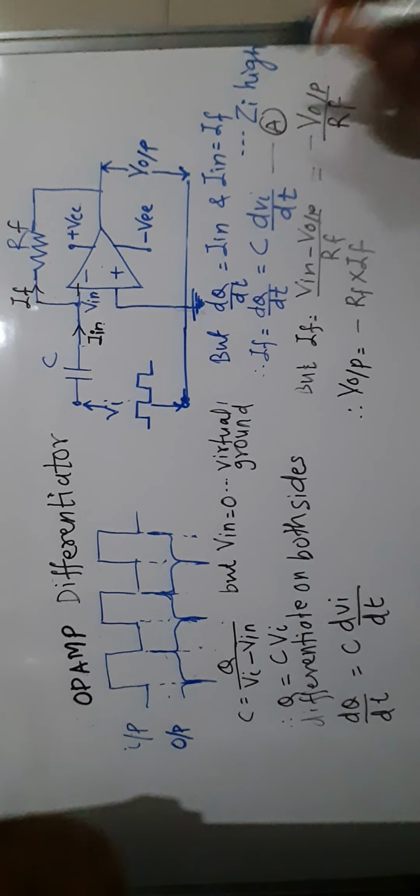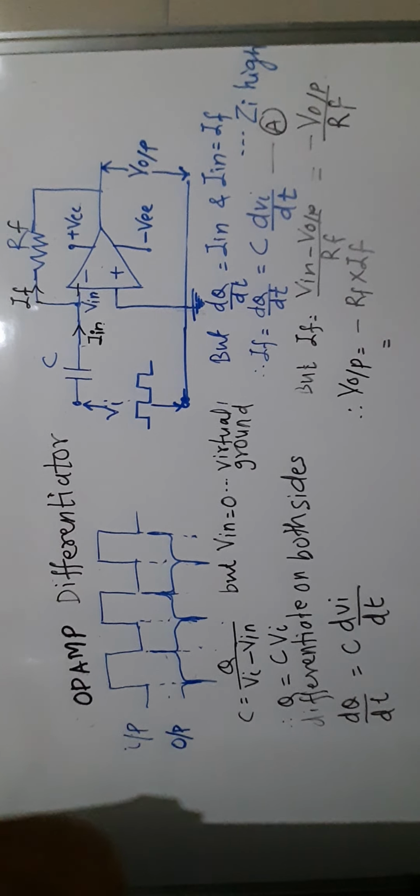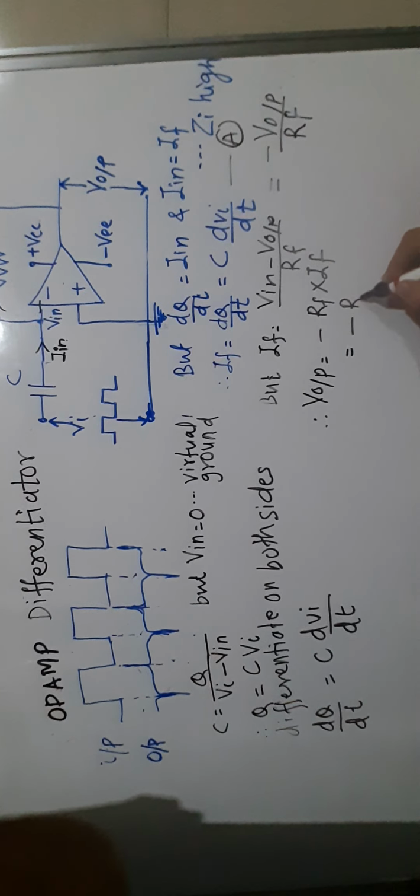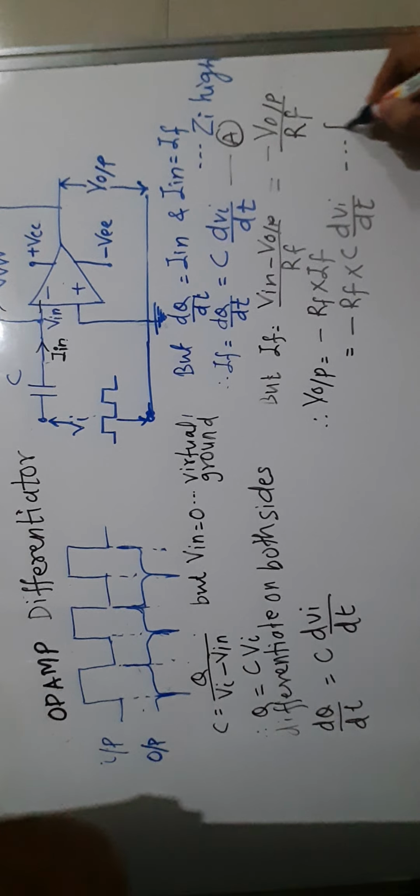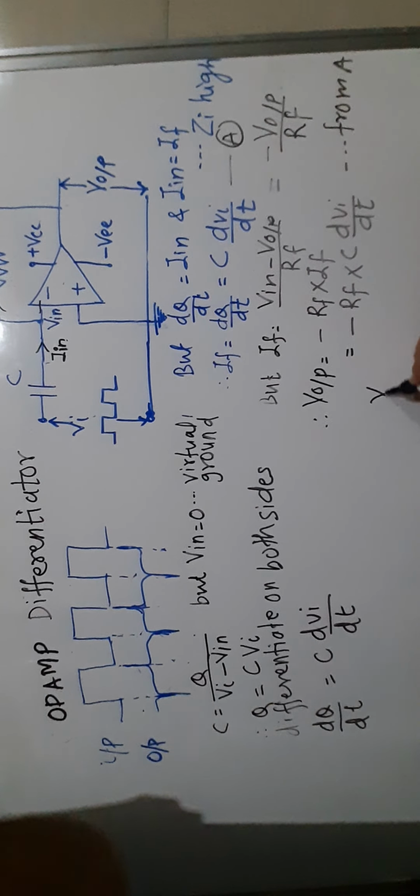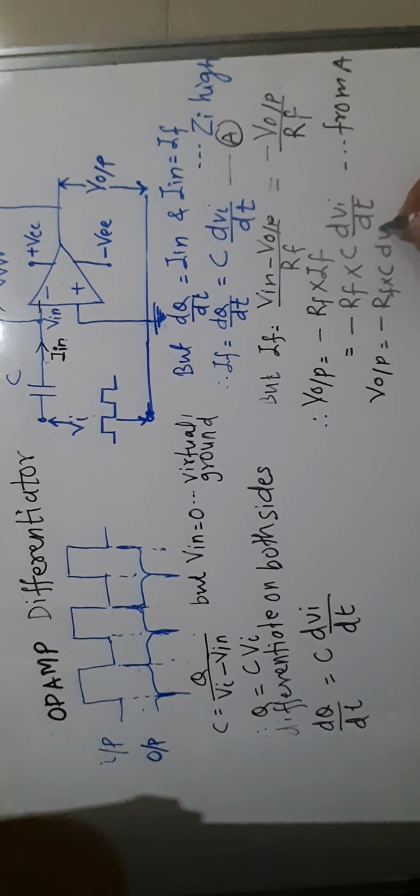We can write this as equation A. So we can write minus of RF into If, where If is replaced by C dVi by dt from A. So we can write Voutput equal to minus of RF C dVi by dt, or we can write simply RC dVi by dt.